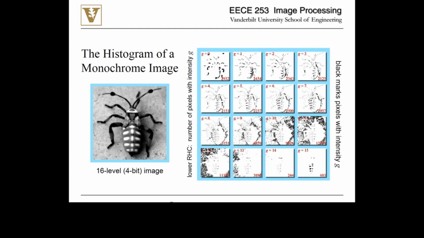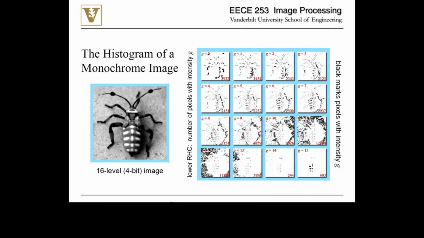So I'm marking all pixels that have a value G equals 0. First of all, this image has been quantized with 16 levels, that is 4 bits. So the gray values go from 0 to 15.